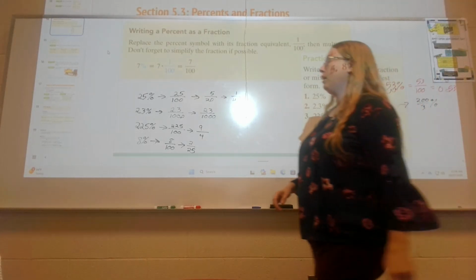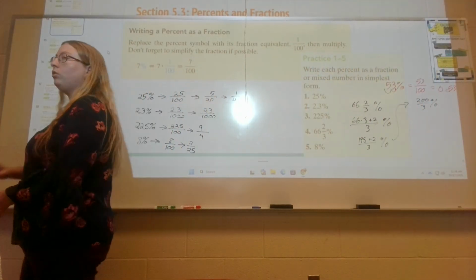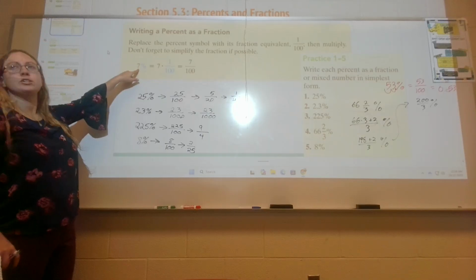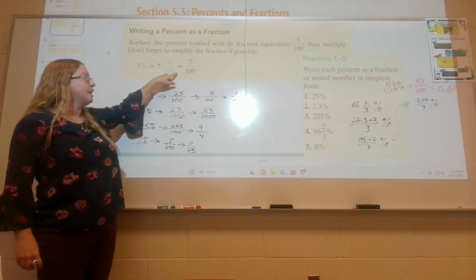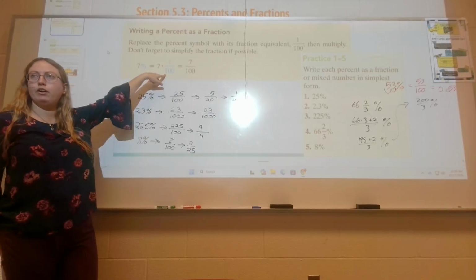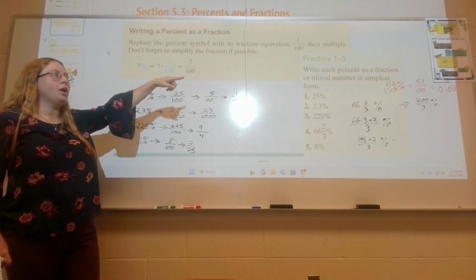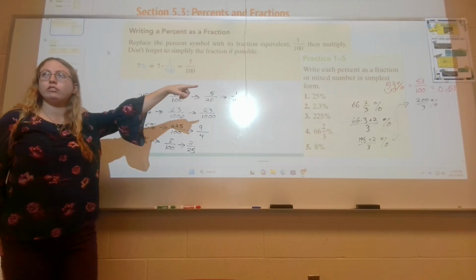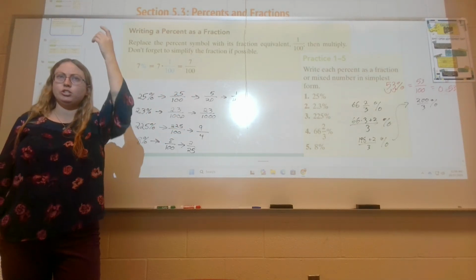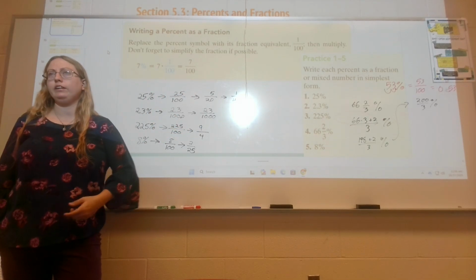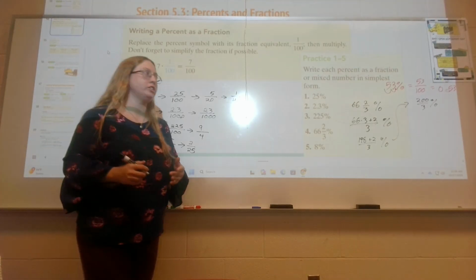All right, notice how up here, it wrote the rule a little bit differently, right? Most of the time, we've been jumping from taking the number and just putting it over 100. It's the same thing to say we're just multiplying by 1 over 100, right? So I'm going to use the times 1 over 100 rule here, just so that way we're multiplying two fractions instead of having one giant fraction with fractions in fractions.